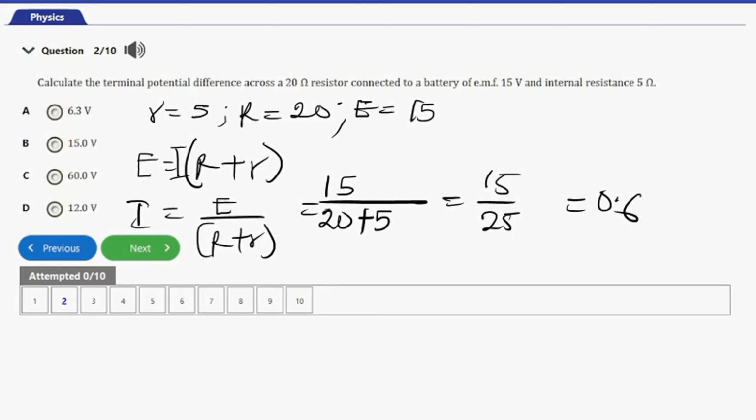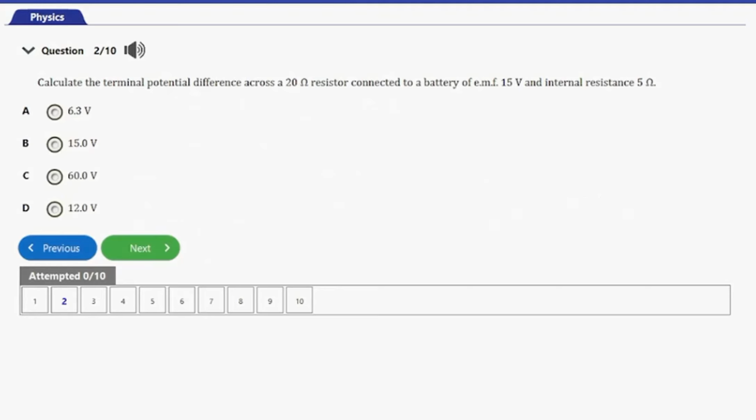Now that we've gotten the current, let's solve for the potential difference, which is V in volts, and this will be IR. We'll substitute everything by their values.